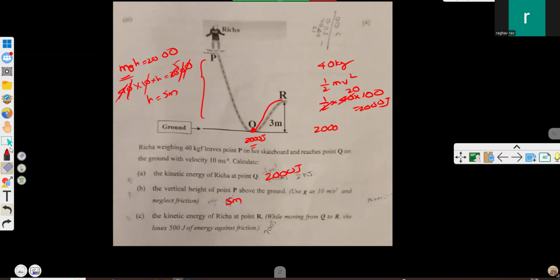The potential energy gained would be mgh, M is 40, g is 10, into 3, that is 1200. And she also loses 500 joules from kinetic energy due to friction, so you have to subtract that also. So that would be 2000 minus 1200 minus 500, which is going to give you 300 joules. So the remaining energy that she has, that is 300 joules, is still present with Richa at that R.